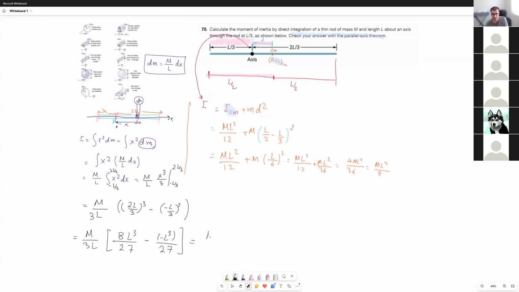The negative with this negative cancels out, so that's going to give me 9L cubed divided by 27. Then this is going to give me L squared, and 9 over 3 gives me 3, yeah.